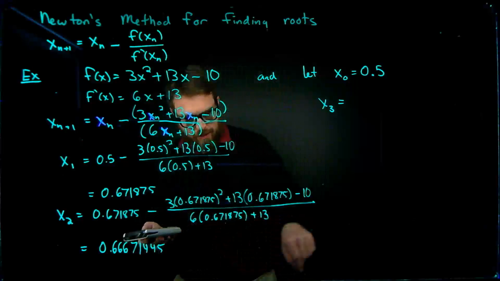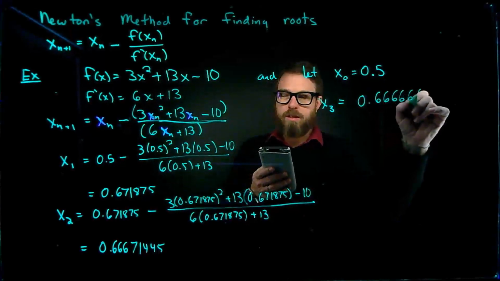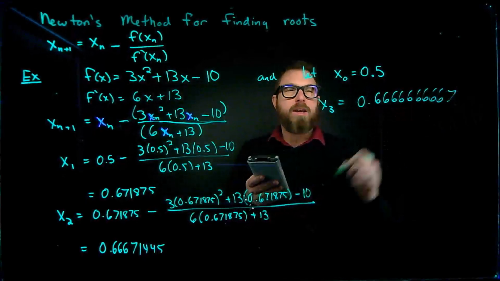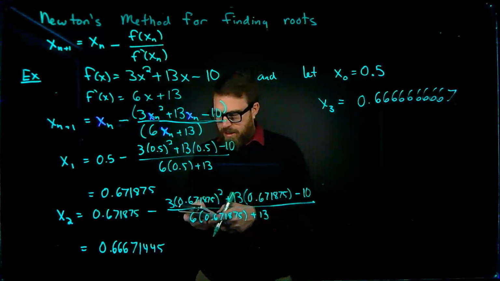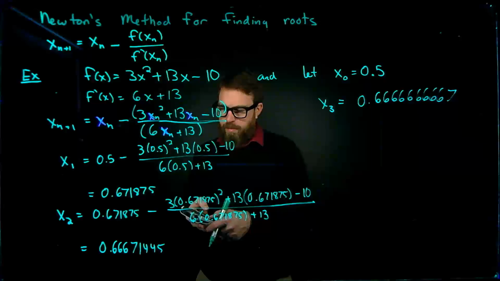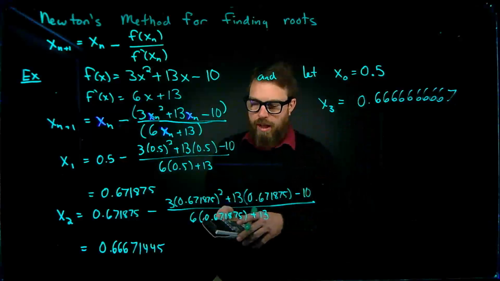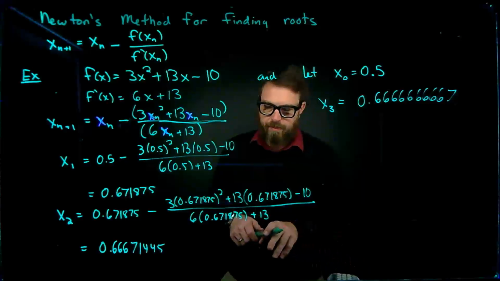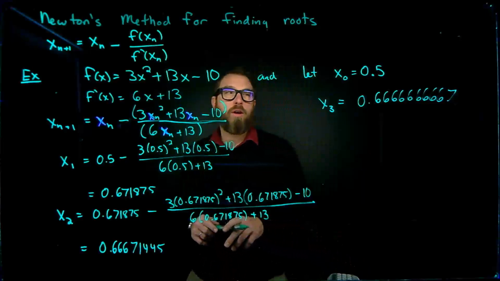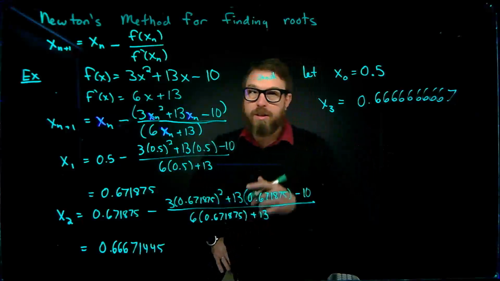So now x3 is 0.66666666667. And if I store that to x, go up and plug that into the equation and do it again, I get exactly the same number. So it has converged, numerically on your calculator. And it looks like this is going to be equal to the number 2/3.